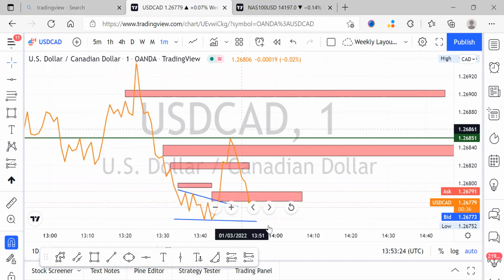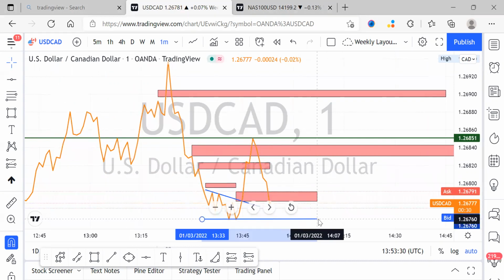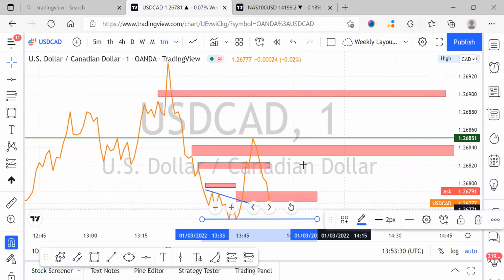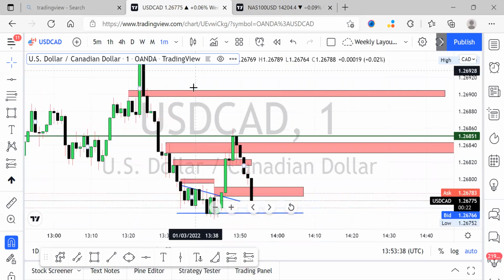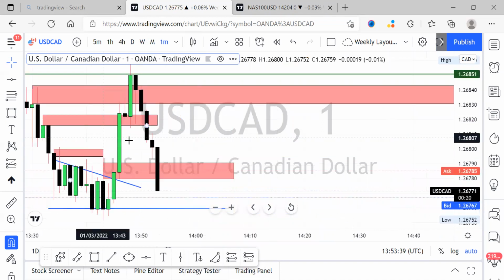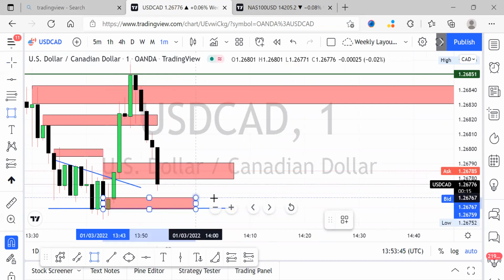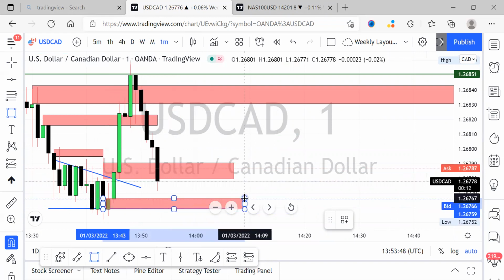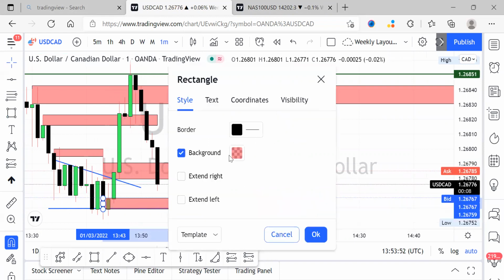So remember, price reacted from this zone. So we should be seeing some rejection very soon. If I now go back to candlesticks, let's mark our little demand zone, because that's our green candle I'm interested in only, nothing else, the green candle.